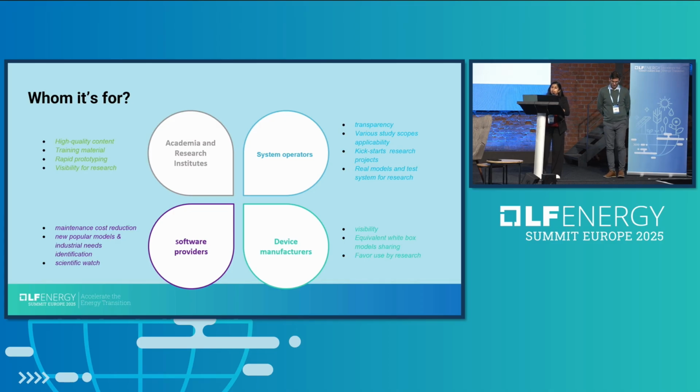They can kickstart research projects with the existing models and test systems instead of starting from scratch. These are real models and test systems that could be used for any research projects within the research department.